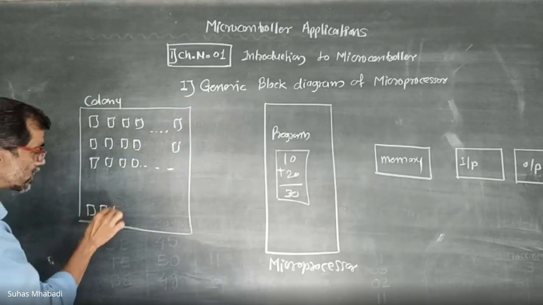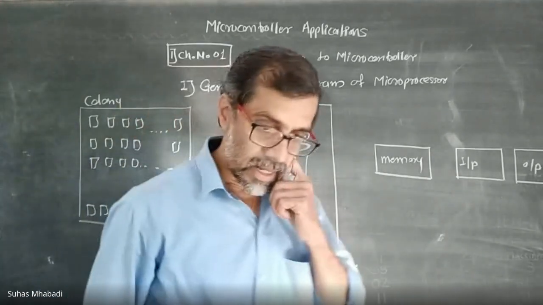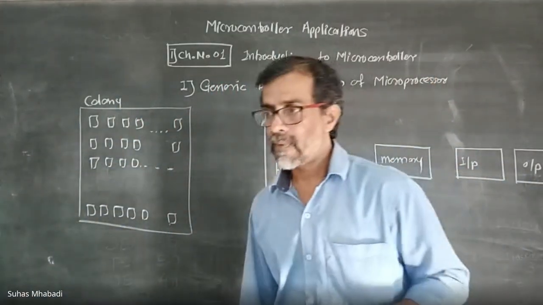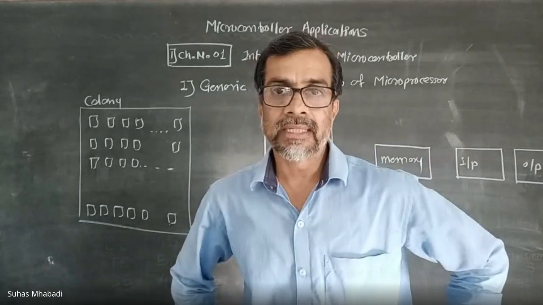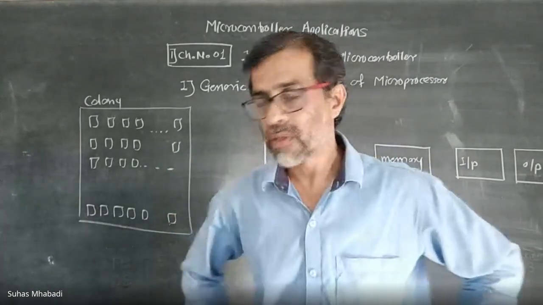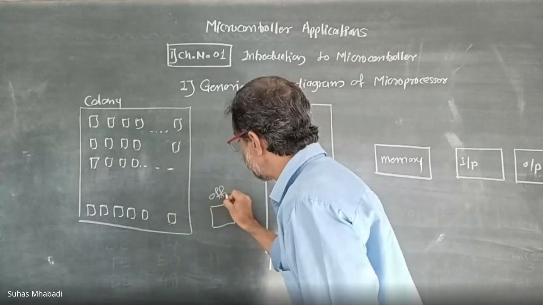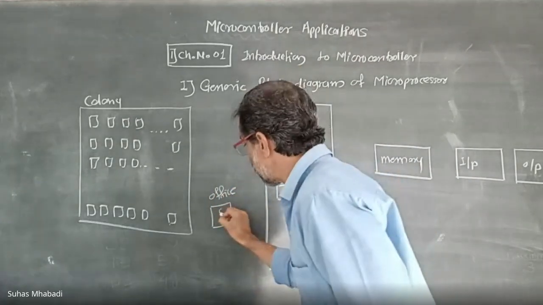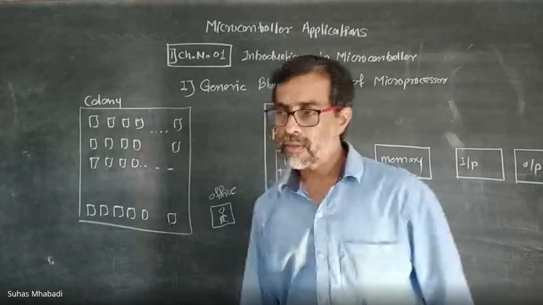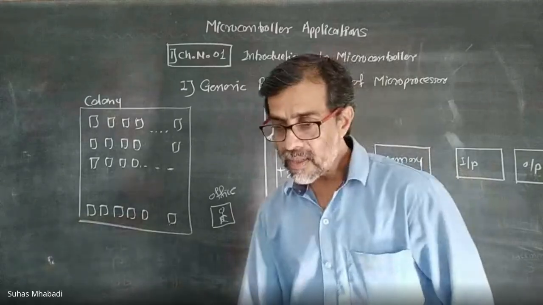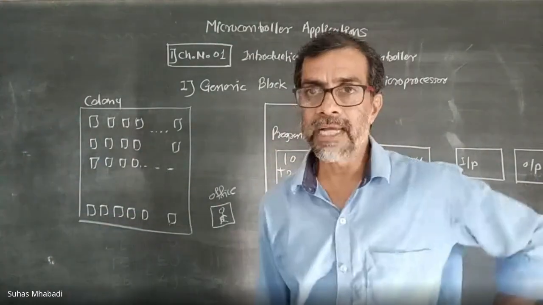This colony has a number of houses, and suppose I am running a courier office and I have to deliver one package to a particular house. My courier office is somewhere here, and I want to send one fellow to that house just to deliver that package.